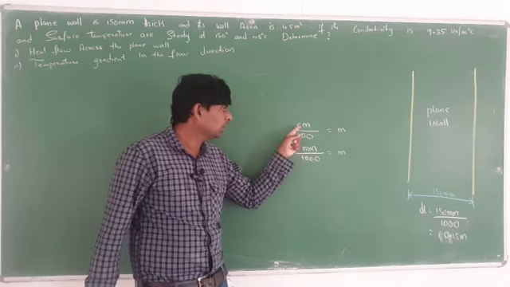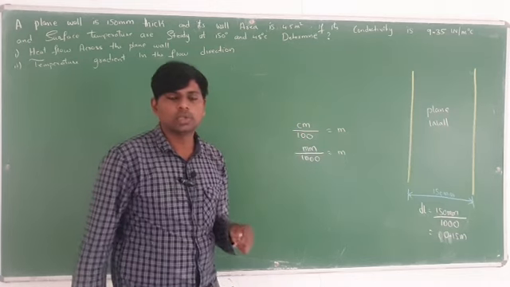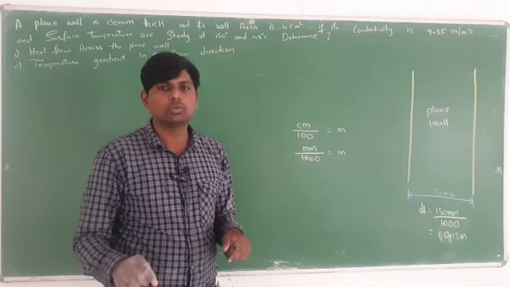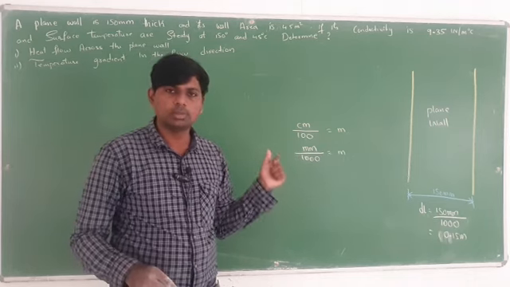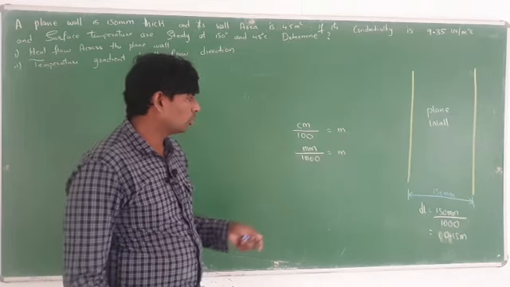If something is given in centimeter, divide by 100 and you get the answer in meter. Suppose by mistake you substitute the same value without converting, then you will get a different answer. So it is better to convert that.